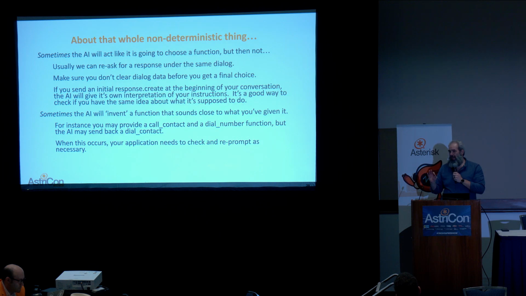Now, you don't have a dial contact function, but you should. And so here it is. Great, thank you. So when that happens, you need to either figure out some way to determine what it was actually saying, or you say, no, that's not an actual function, and you send it back and say, no, I need an actual response from you.